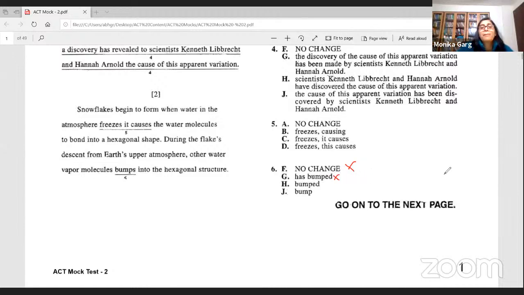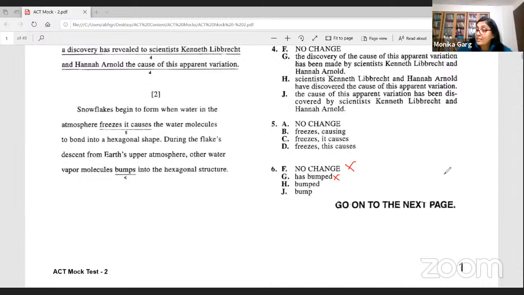Now between bumped and bump, since I'm talking all of it in the present tense, so now between H and J, the question is not a subject verb agreement question. It's basically choosing the correct tense. And for choosing the correct tense, as I told you earlier, you need to check the tense of the entire paragraph.